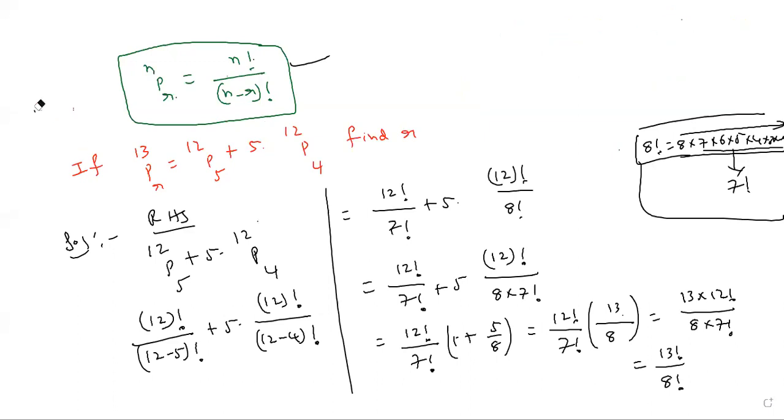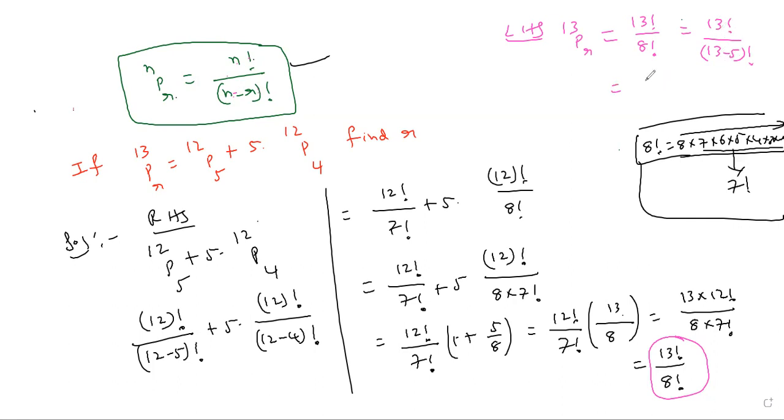Now, what is LHS? Given LHS is 13PR. What we got after simplification of the RHS is 13 factorial by 8 factorial. Now I am writing this 8 as 13 minus 5 factorial. Now if you compare with the formula, n factorial by n minus r factorial is NPR.